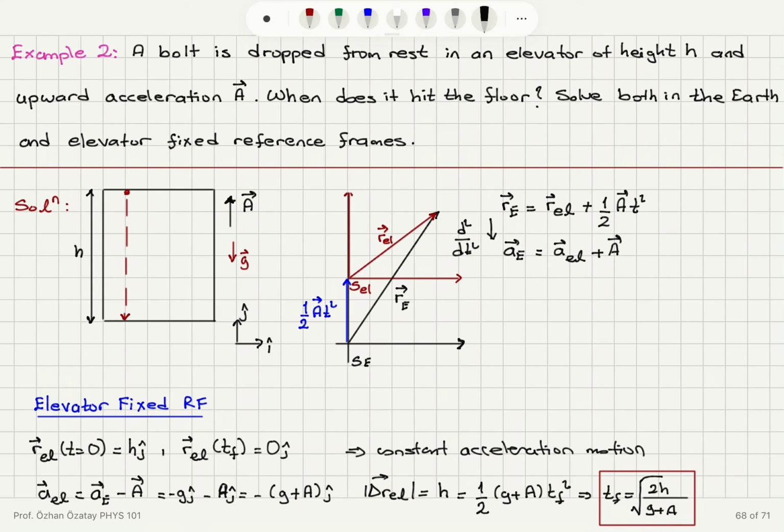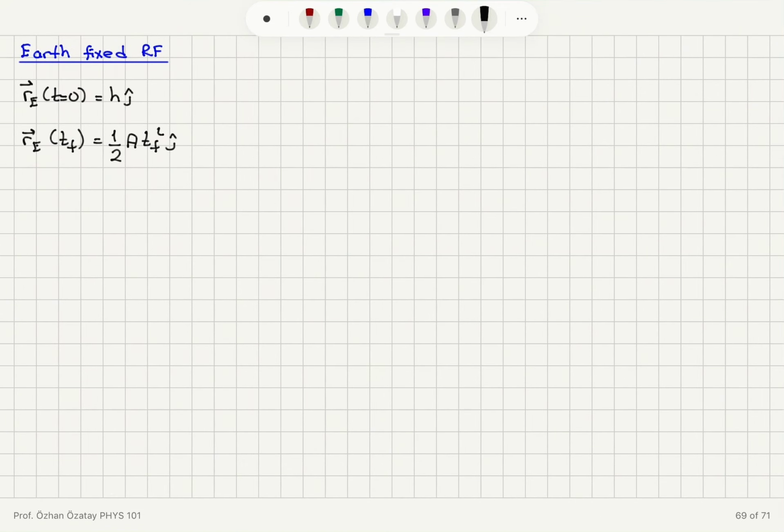It's at the bottom of the elevator with respect to the Earth. So the displacement we have according to the Earth reference frame is 1 over 2 a t final squared minus h, j hat.